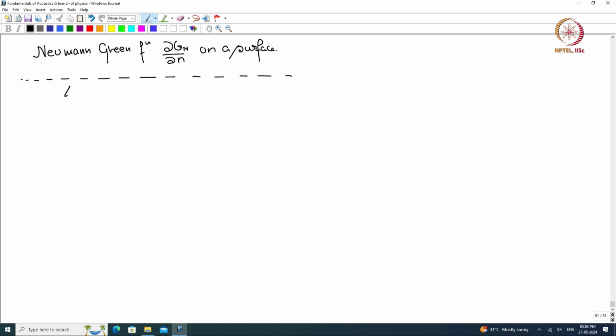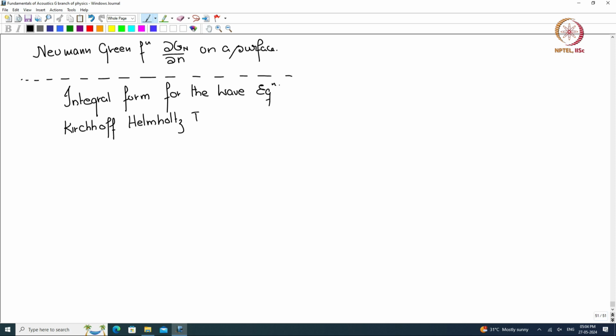we will find an integral form for the wave equation. Okay, and it is called the Kirchhoff-Helmholtz integral equation.